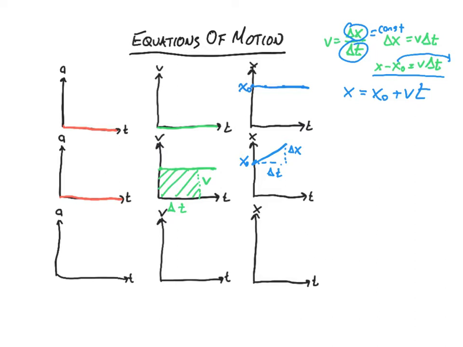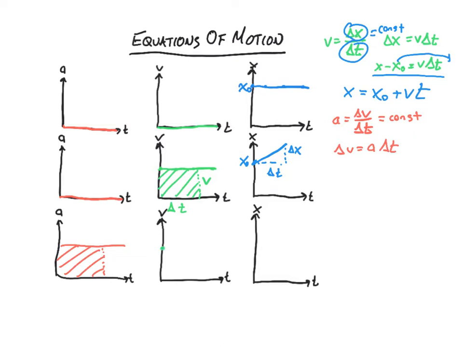So now let's look at another case. Now let's look at the case where the acceleration is constant in time. Using the same argument that we just used for velocity, we know that acceleration is a change in velocity over the change in time, which is constant, which means the change in velocity is equal to the acceleration times the change in time. So without going through a more detailed description, we know that this area, a times delta t, is the change in velocity.